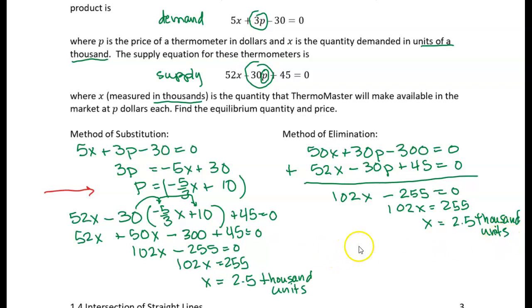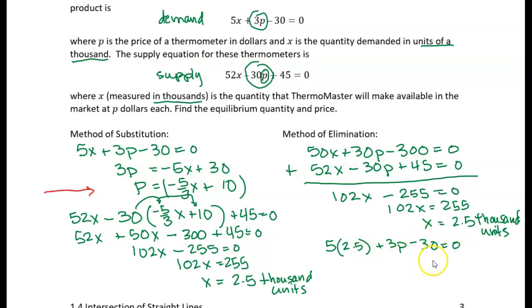Okay. And again, I can then use that in either one of these original equations and determine the equilibrium price. So I'm just going to take the first one. I'm going to take 5 times the x value that I just found, 2.5, plus 3p minus 30 equals 0.